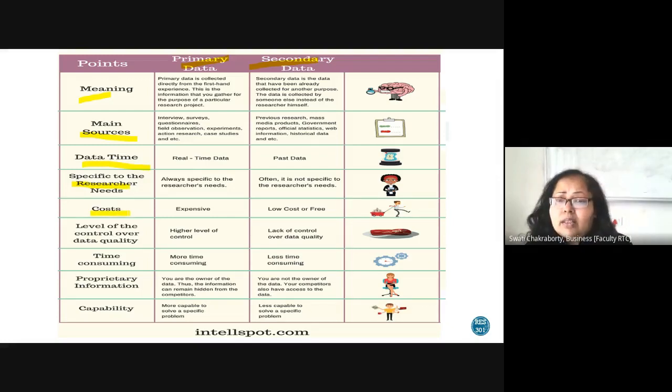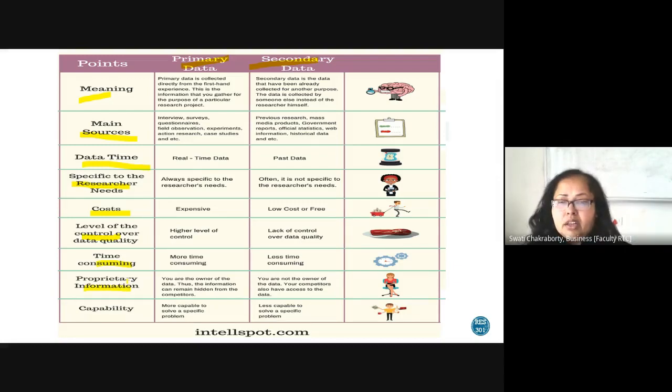Cost-wise, primary data collection is more expensive compared to secondary data, which at times is also free. The level of control over data quality is quite high in the case of primary data, but in the case of secondary data there is a lack of control over data quality. Primary data collection is also more time consuming compared to secondary data.